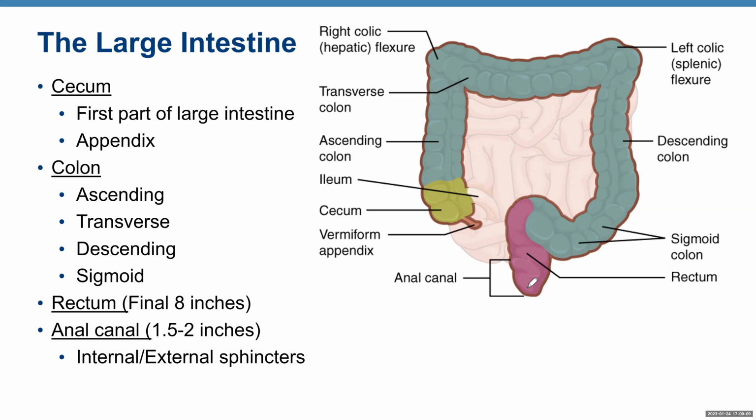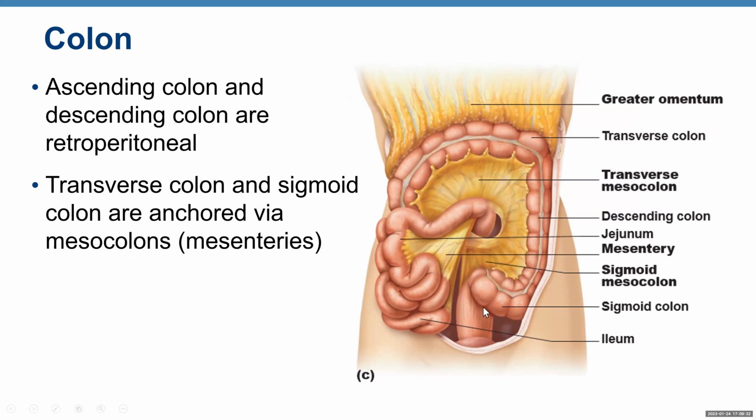The anal canal has internal and external sphincters that prevent you from passing feces. Right? The internal sphincter is made of smooth muscle and the external of skeletal muscle, so you can control the external sphincter. The ascending and descending colon are retroperitoneal.